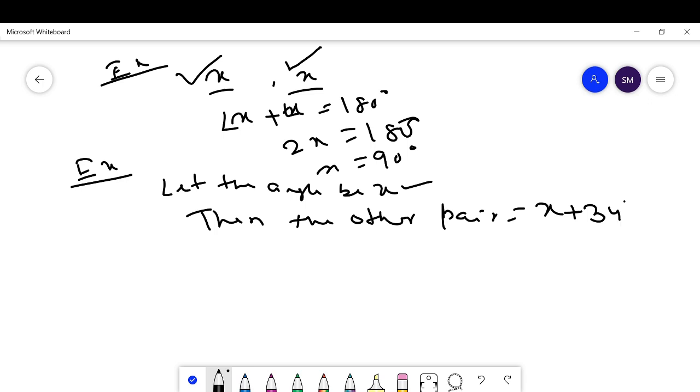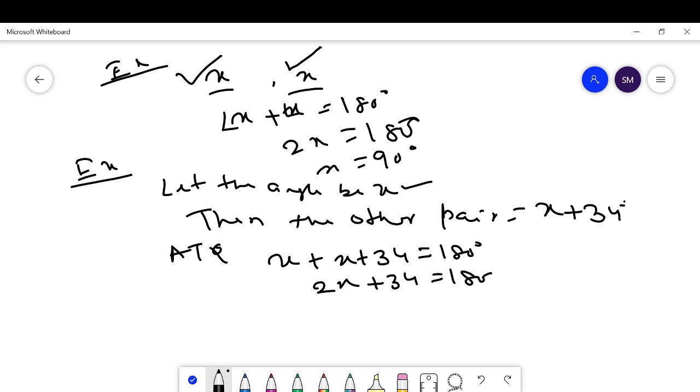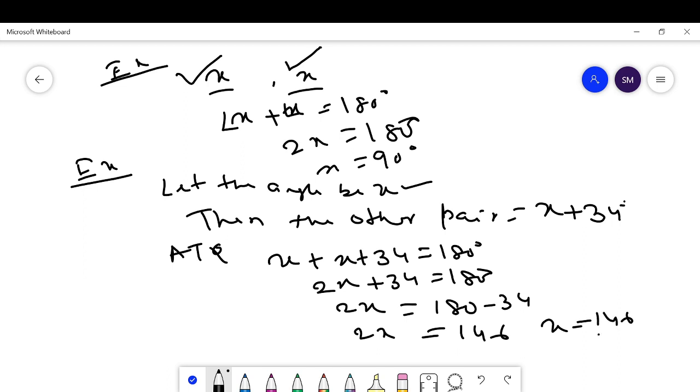Then the other pair is x plus 34 degree. According to the question, as they are supplementary pairs of each other, x plus x plus 34 is equal to 180 degree, which implies 2x plus 34 is equal to 180 degree. Then 2x equals 180 minus 34, which is equal to 146. 2x equals 146, which shows that x equals 73 degree.